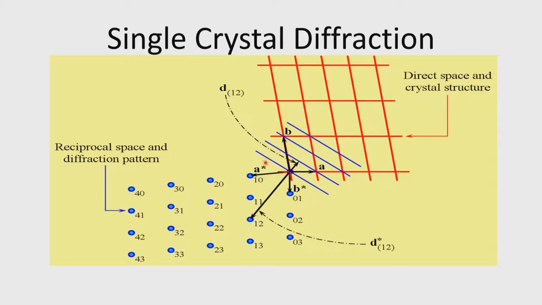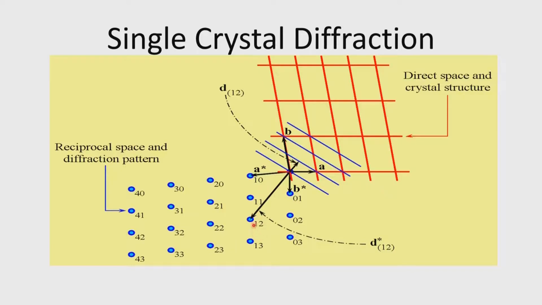So, if we now take all the reciprocal lattice points along the B star axis, we will have 0 1, 0 2, 0 3 and so on, and the corresponding values in the A star direction are 1 0, 2 0, 3 0, 4 0. We will therefore get the intersection of 1 and 1 as 1 1, then 1 and 2 as 2 1 and so on.